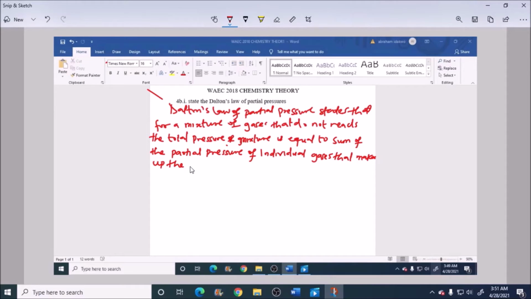So the total pressure of the mixture is equal to the sum of the partial pressures of individual gases that make up the mixture.